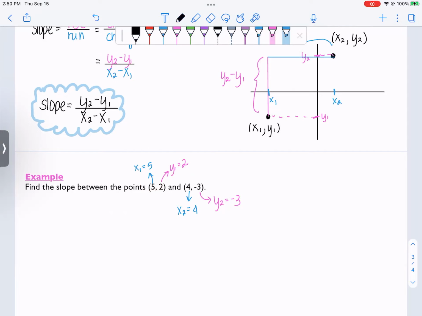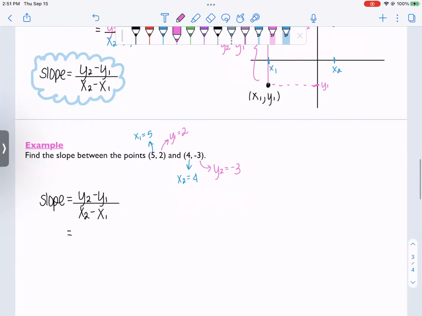My formula for slope, y2 minus y1 over x2 minus x1. So y2 is -3 minus y1 is 2.